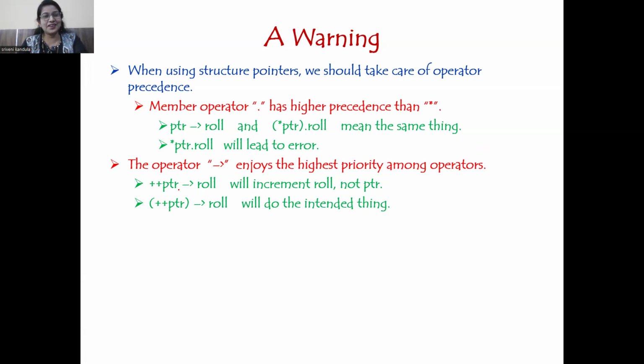First the pointer will get incremented and then it will point to the member roll, but it is actually not so. First it will point to the roll number and increment it, and the pointer is not incremented, because arrow has the highest precedence. If you wanted the pointer to be incremented first, enclose it in parentheses. This we already know from the associativity and precedence of operators, right? The same concept applies here. Arrow has the highest priority. So based on the operation that you want, parenthesize wisely wherever required.